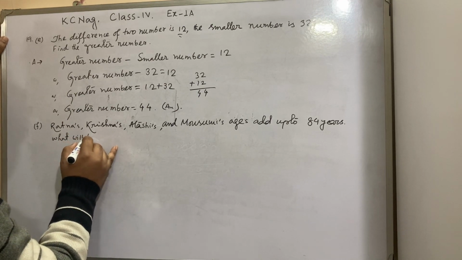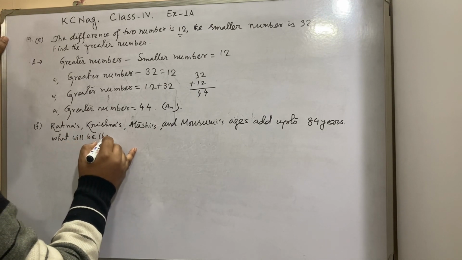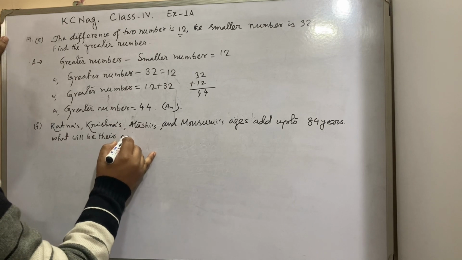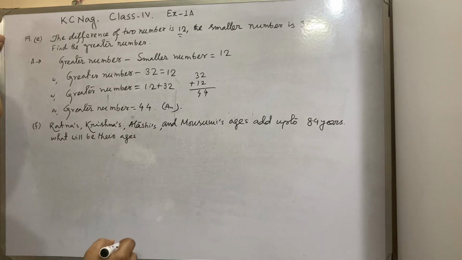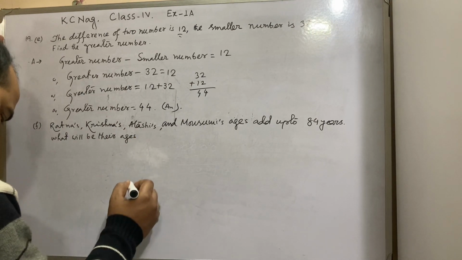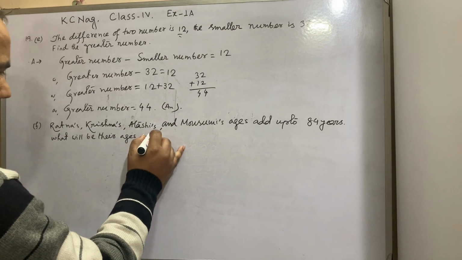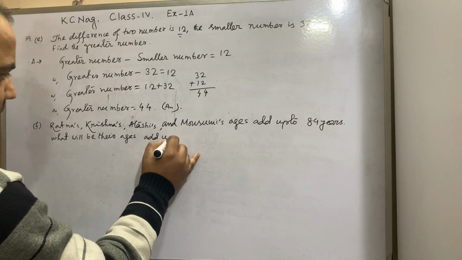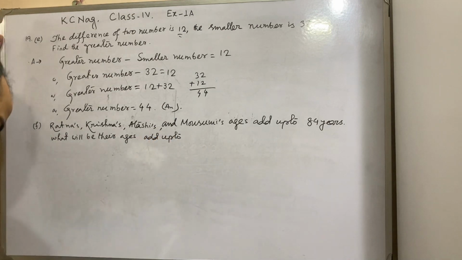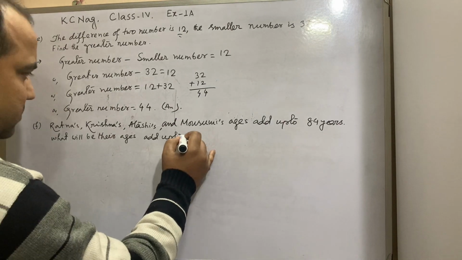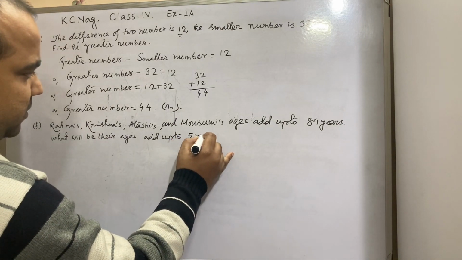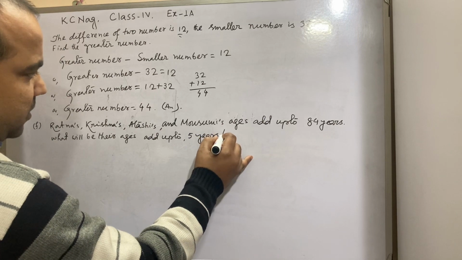What will their ages add up to 5 years hence?